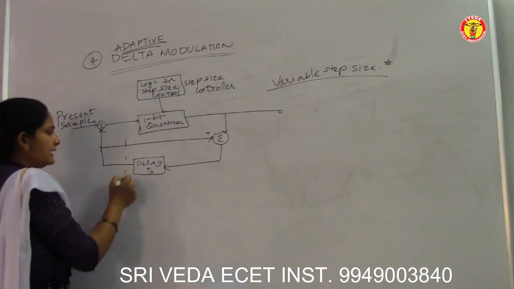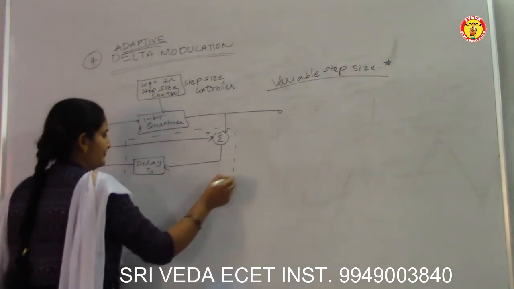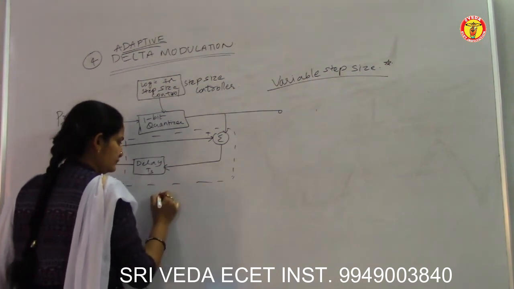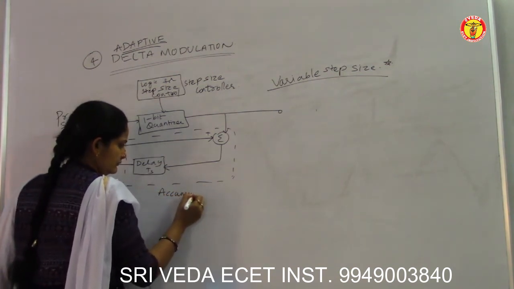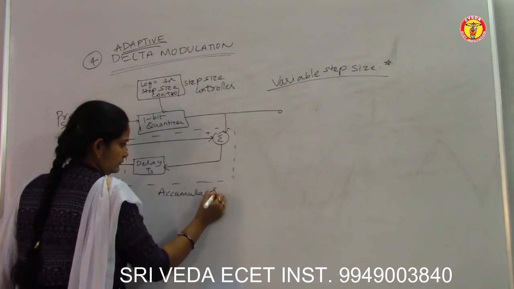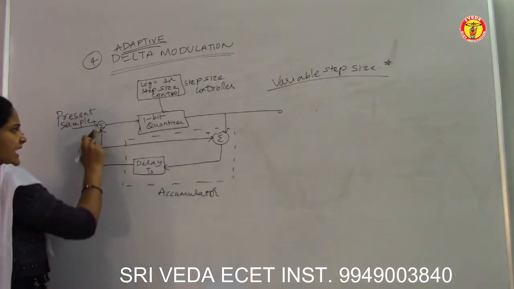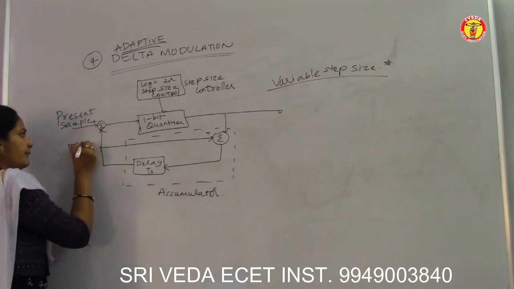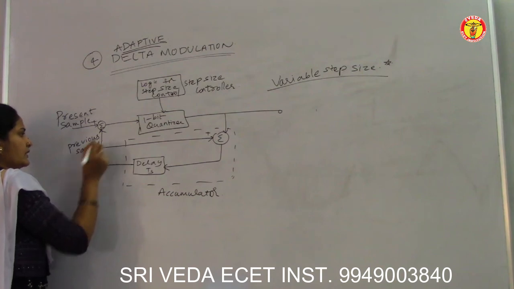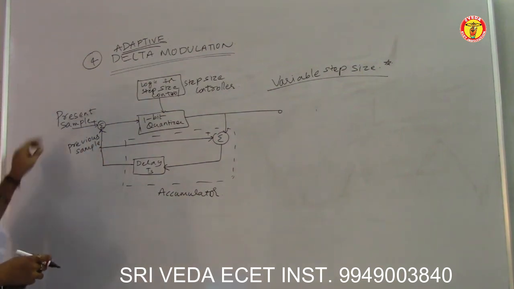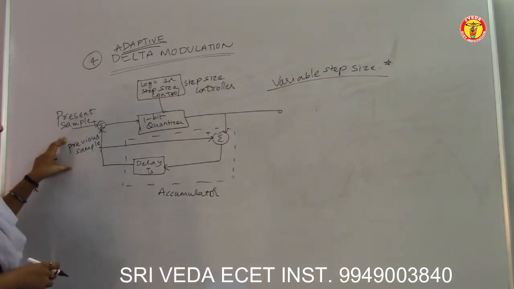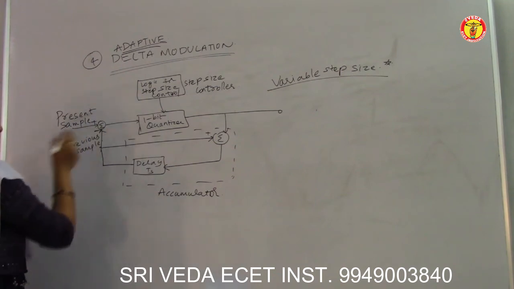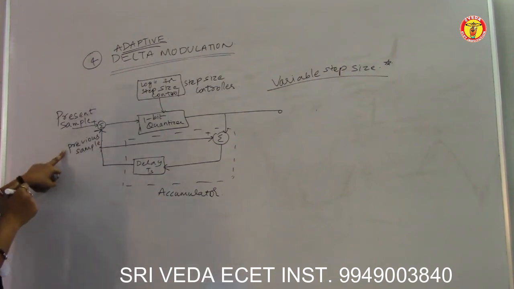So we know that this is my accumulator block. It is going to generate some staircase signal here. First of all, my present sample value and the previous sample value are fed to this and both of them are compared.